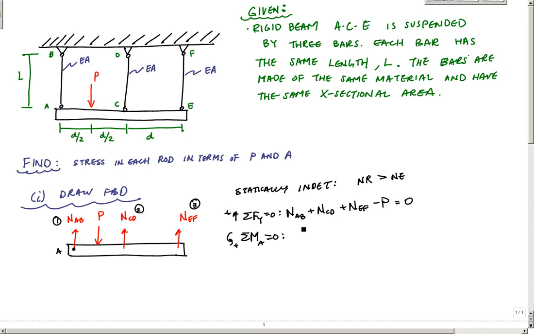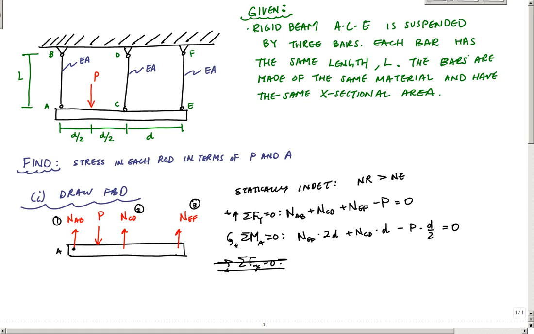And I would have NEF times 2D plus NCD times D minus P times D over 2 equal to 0. And if I tried sum of the forces in the x equal to 0, this is useless. It tells me nothing. So that's why I only have two equilibrium equations. I have three unknowns, or three reactions, if you will, and two equilibrium equations.